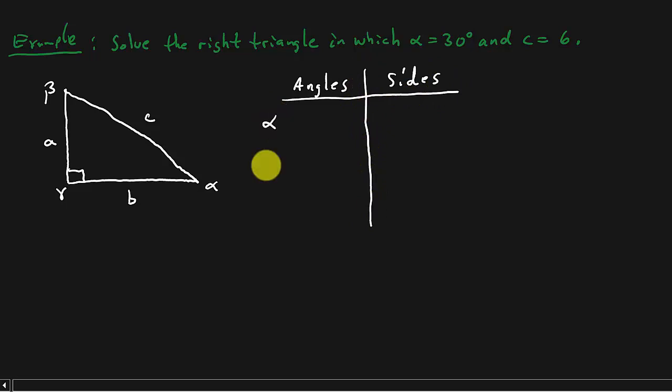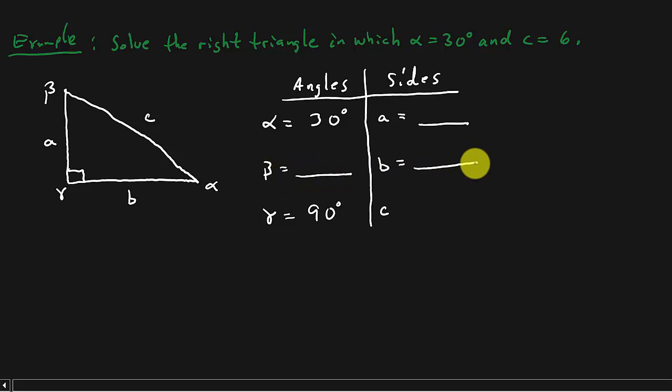So we've got alpha, beta, gamma, side A, side B, and side C. Here we know this is 30 degrees. We know this is 90 degrees because it's the right angle. We don't know what A is, we don't know what beta is, we don't know what side B is, but we know side C has length 6.